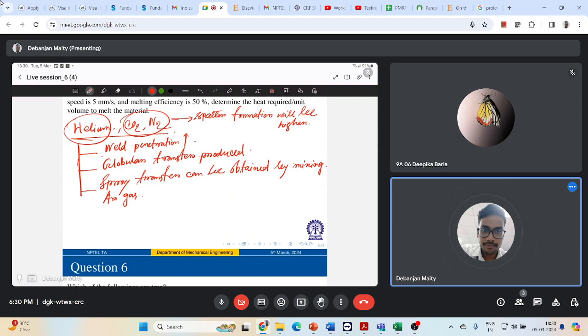However, you can end up with some kind of spray transfer if you paint your surface with some sodium kind of element, and you are using carbon dioxide shielding and negative polarity. At that point you can end up with some spray transfer also.